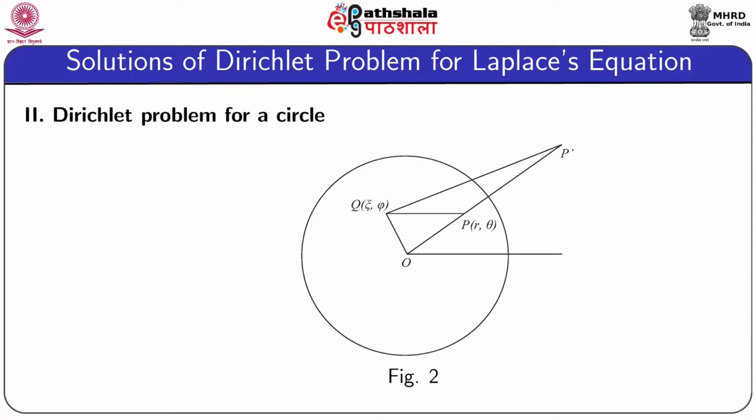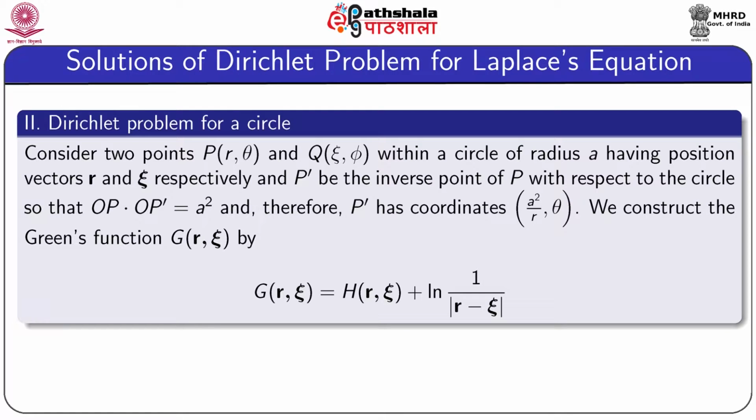Now, we are going to solve the Laplace equation in a circle. Here we are also trying to find solution of Dirichlet problem. That means the value of the unknown function u is given on the boundary of the domain of this function. So, we consider 2 points.